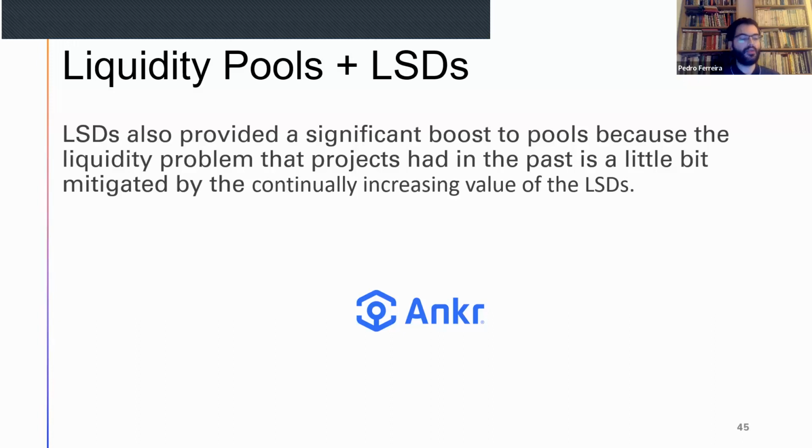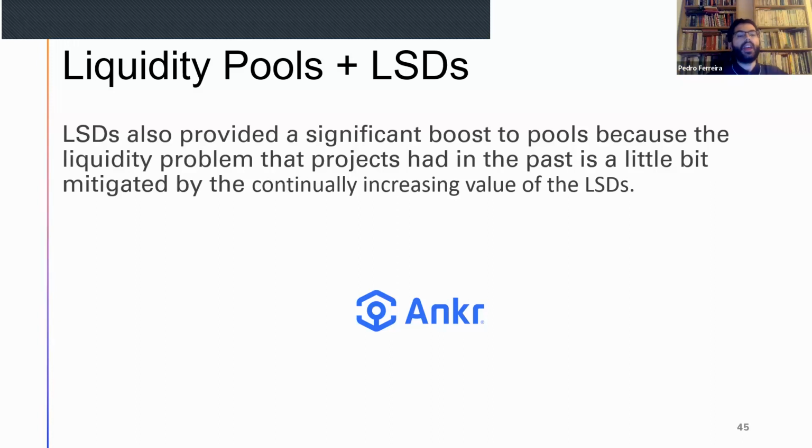Imagine that you use an LSD, not from Ethereum, but of, for example, a stablecoin deposited on Aave, or your BNB deposited on Ankr, a platform that allows you to create an LSD of BNB, and you pair your token with these liquid staking derivatives.